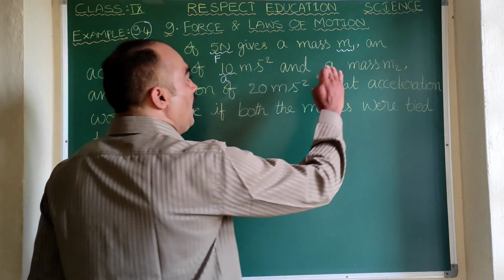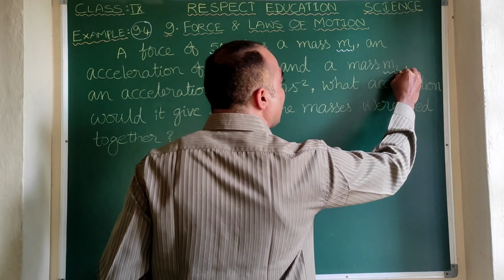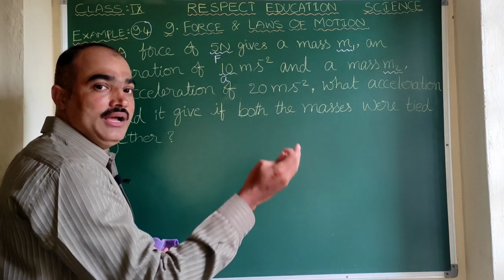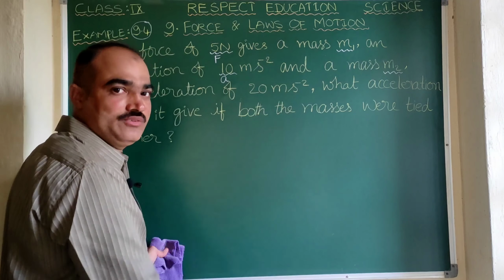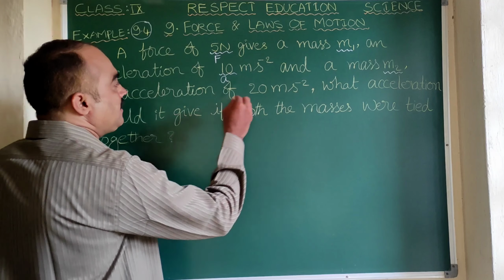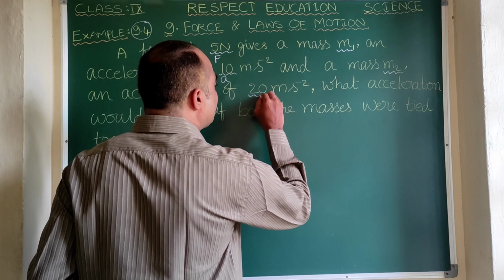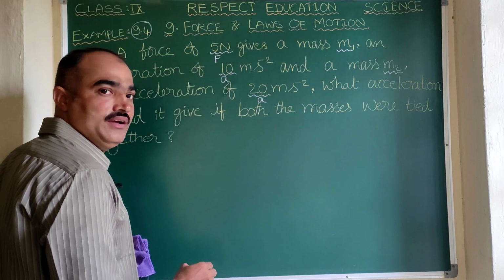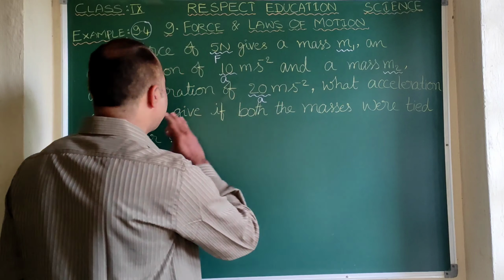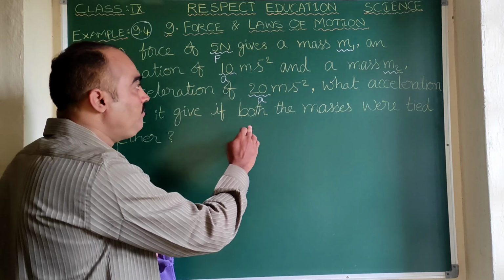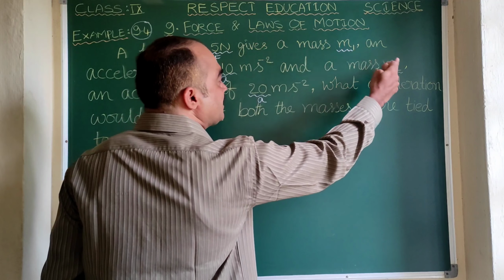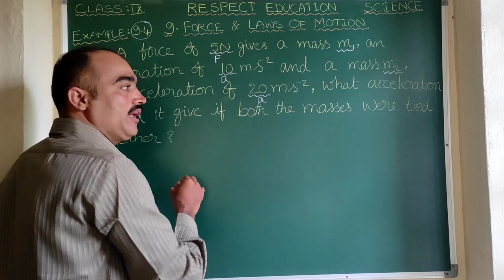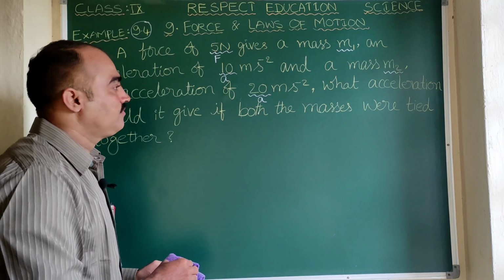And a mass m2, the mass of another object, an acceleration of 20 meter per second square. What acceleration would it give if both the masses, m1 and m2, were tied together?